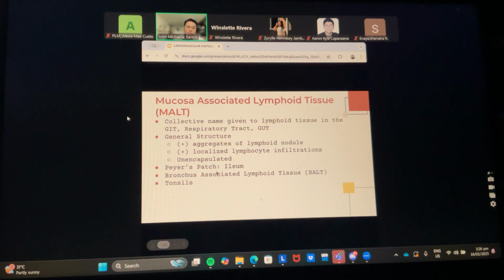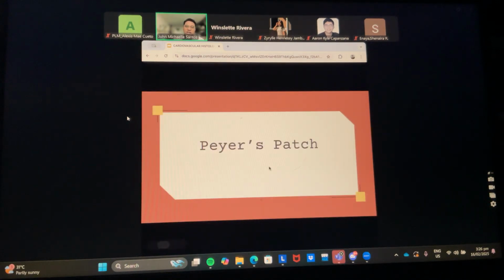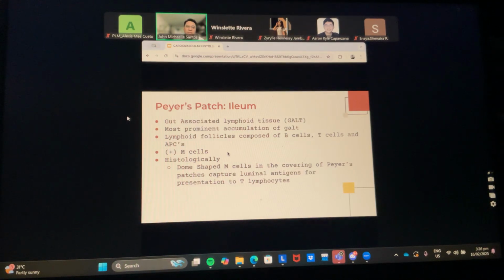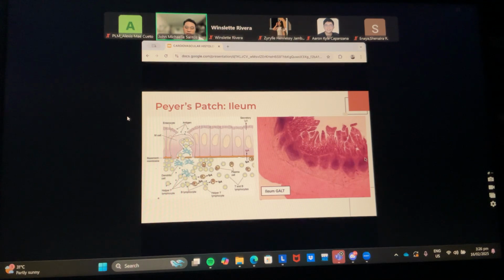So in the ileum, you can have your Peyer's patches. Okay, so sa Peyer's patches mo, meron kang mga M cells which are dome-shaped, covering the Peyer's patches, sampling the luminal antigens for presentation to your T lymphocytes. So nandito sila. As you can see here, this is your Peyer's patches or your mucosa-associated lymphoid tissue in your ileum.